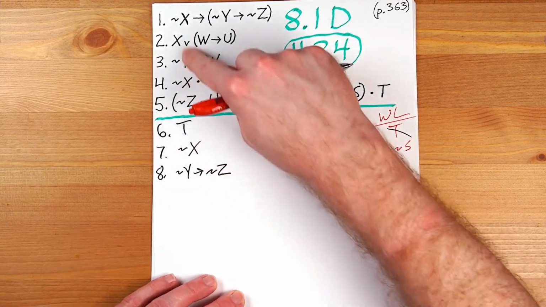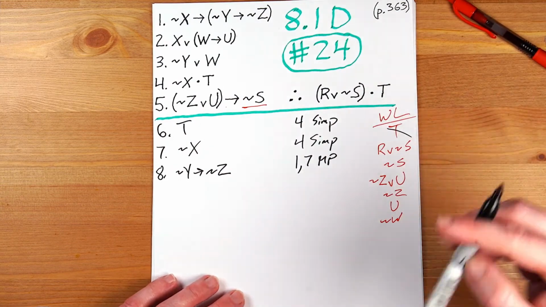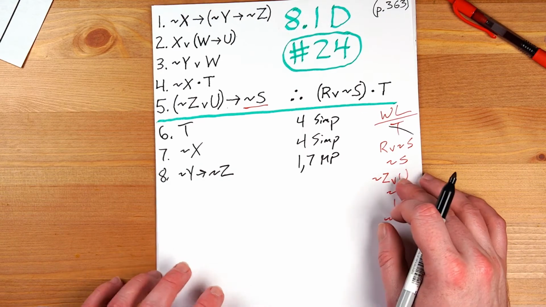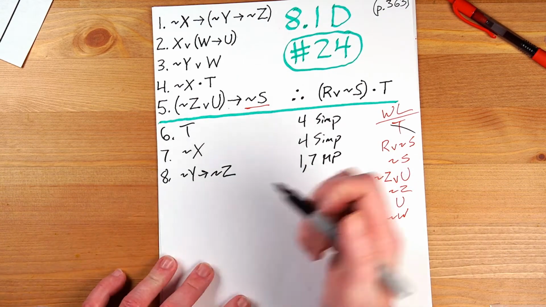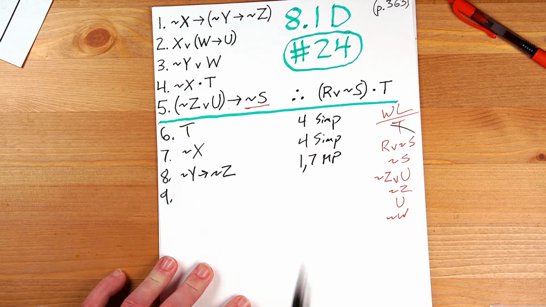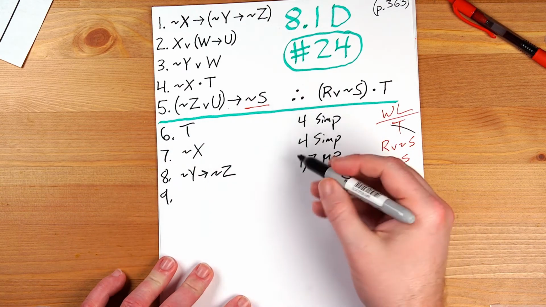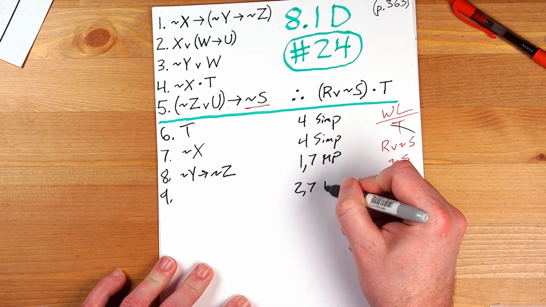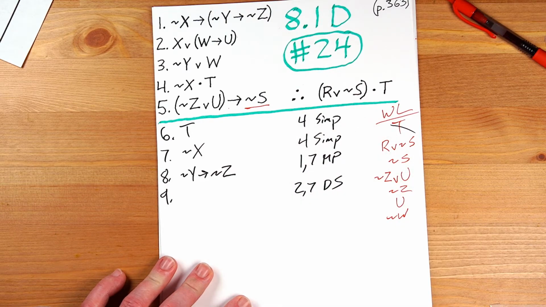So let's do 7 and 2 together. That fits the pattern, just like in tip 2 of our tips. So line 2 and line 7, disjunctive syllogism. And that's going to give us what?